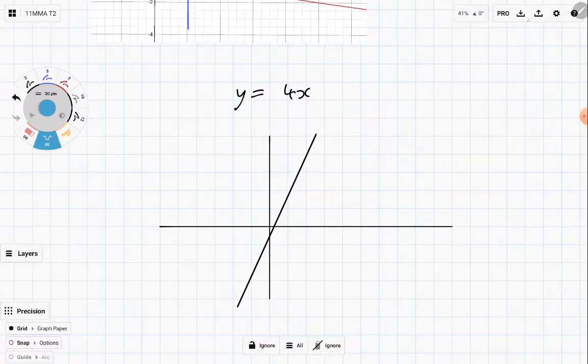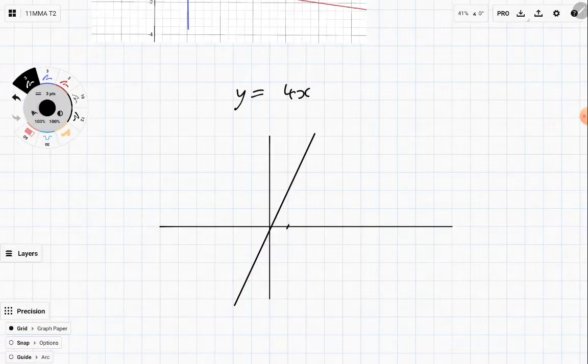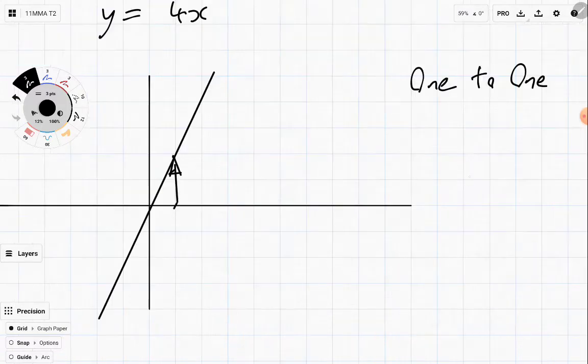Well, for one input, x, how many outputs does it have? Well, you can see there's only one output. It's this one here. And you can see that that's the only one that it appears to be. So, therefore, this relationship would be 1 to 1. And so this would be considered a function.